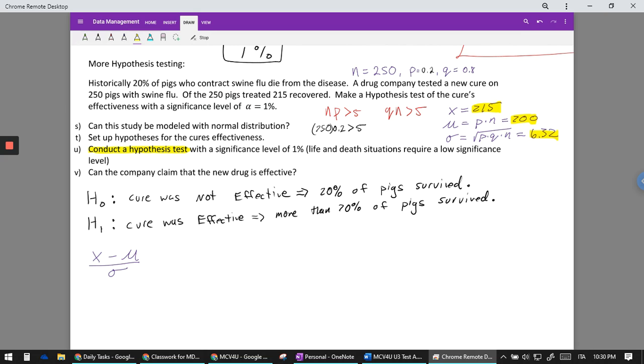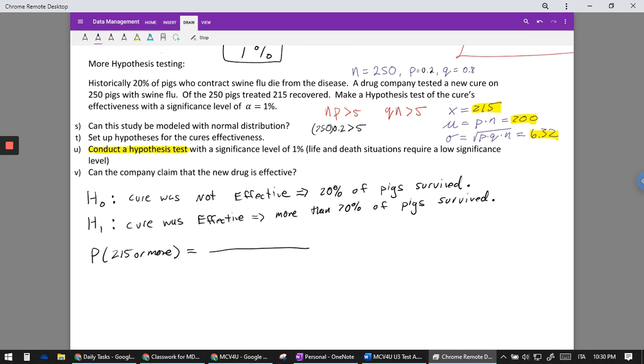So basically what I'm going to do is run through this hypothesis test. Let me just write down what I'm going to write here. I'll erase my formula here and start fresh. So basically what I want to do is figure out the probability that you would get 215 or more pigs, okay?